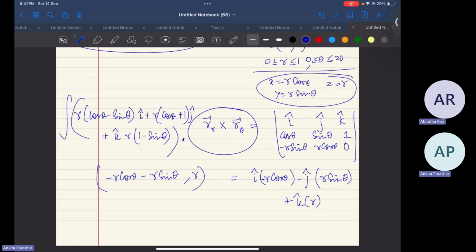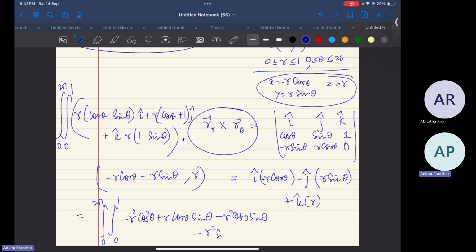Okay, let's quickly write this. It would be a double integration, r from 0 to 1, theta from 0 to 2 pi. And it will be minus r square cos theta plus r cos theta sin theta plus or minus r square cos theta sin theta minus r square sin theta plus r square minus r square sin theta.